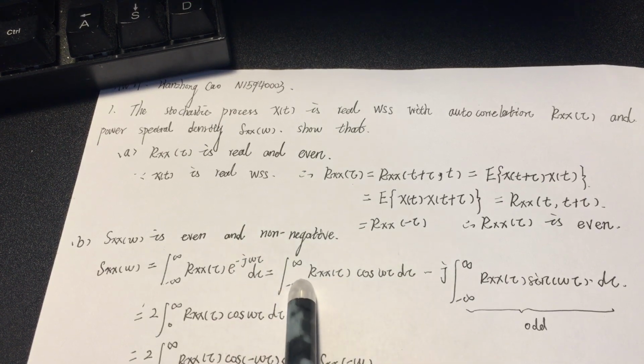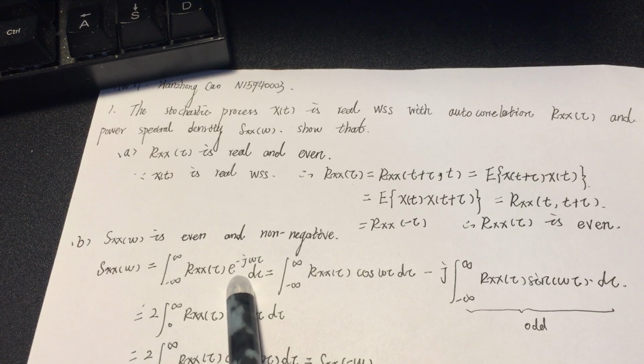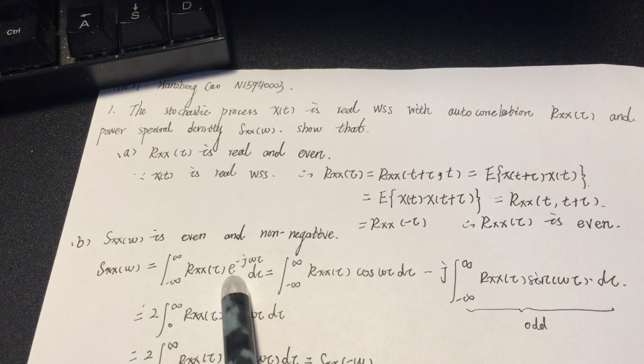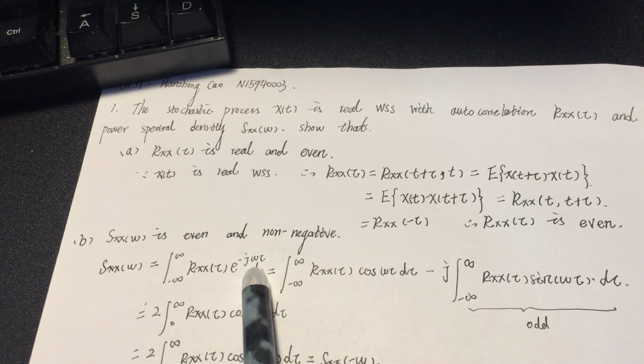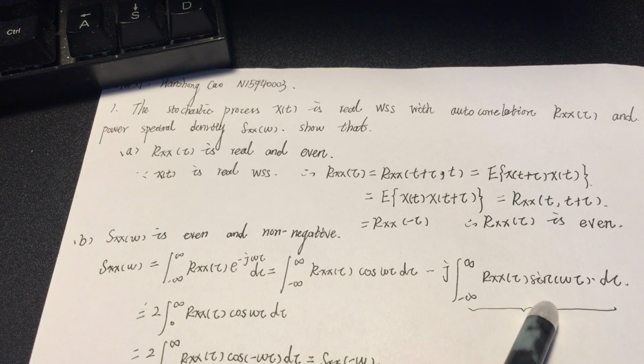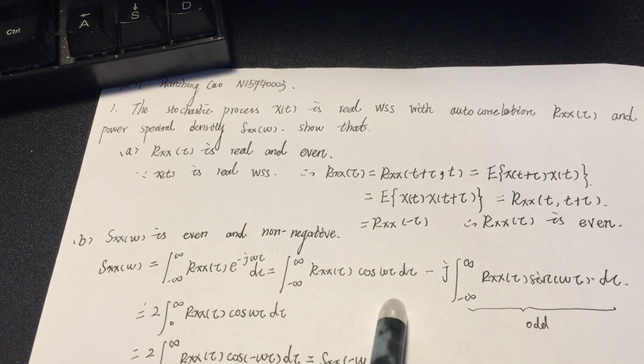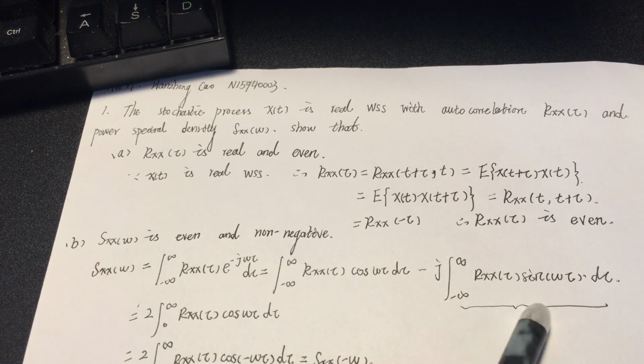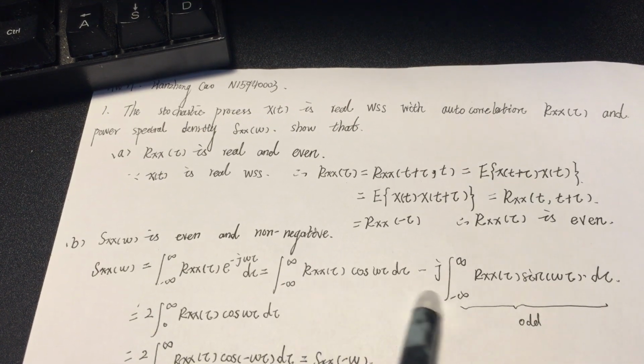We can expand e to the power of minus j omega tau into cosine omega tau minus j sine omega tau, and plug it into the integral equation, and we get this equation.